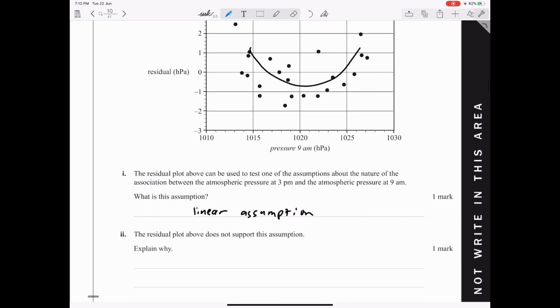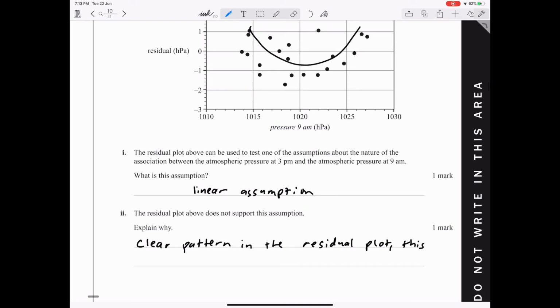So we're gonna say, since there is a clear pattern in the residual plot, this indicates a nonlinear association between the two variables, which are atmospheric.